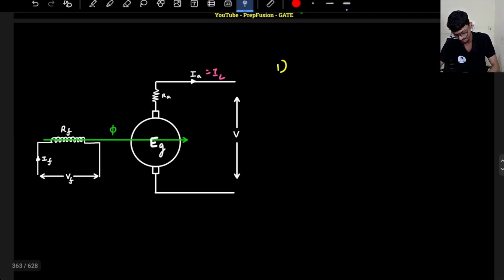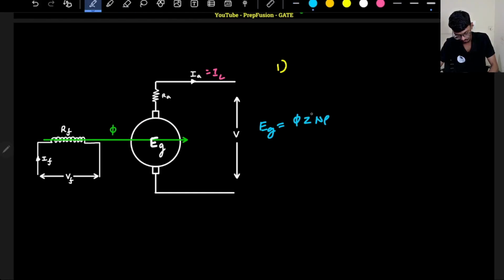So here, in this case, same thing: my E is equal to phi ZNP by 60, so EG will be equal to phi ZNP by 60. So I can write here that EG will be proportional to phi.